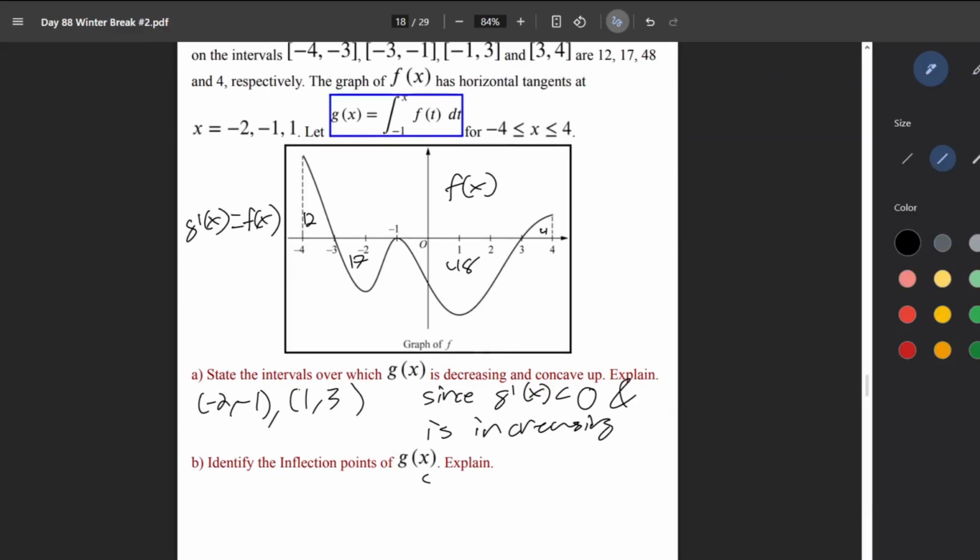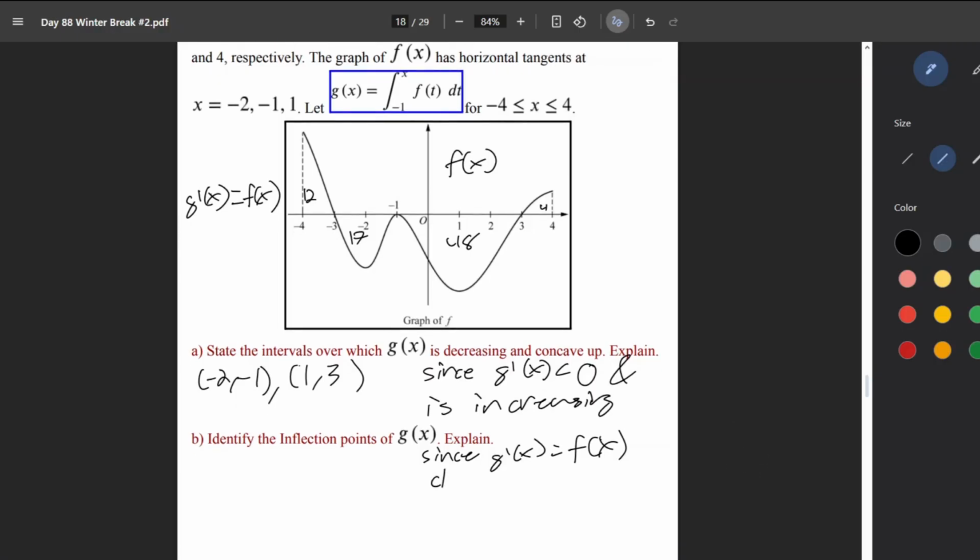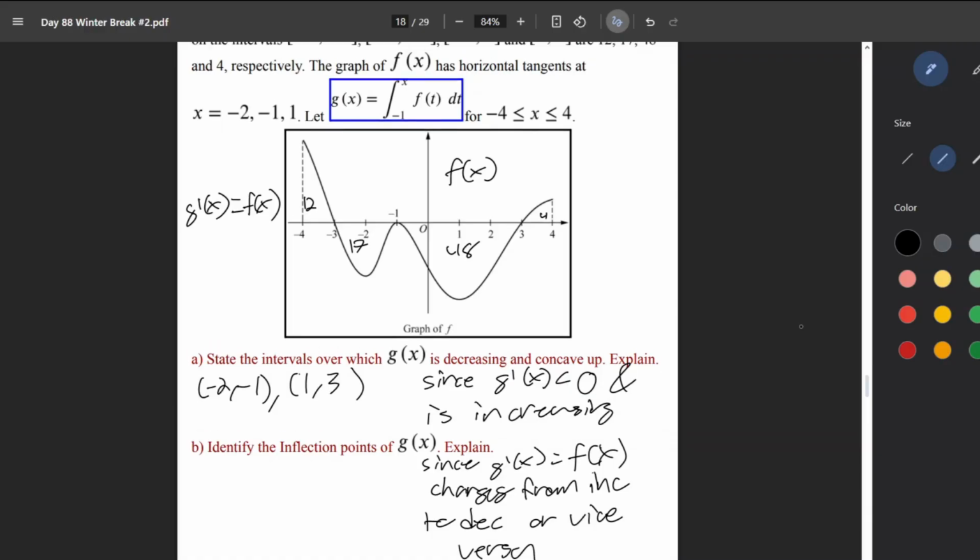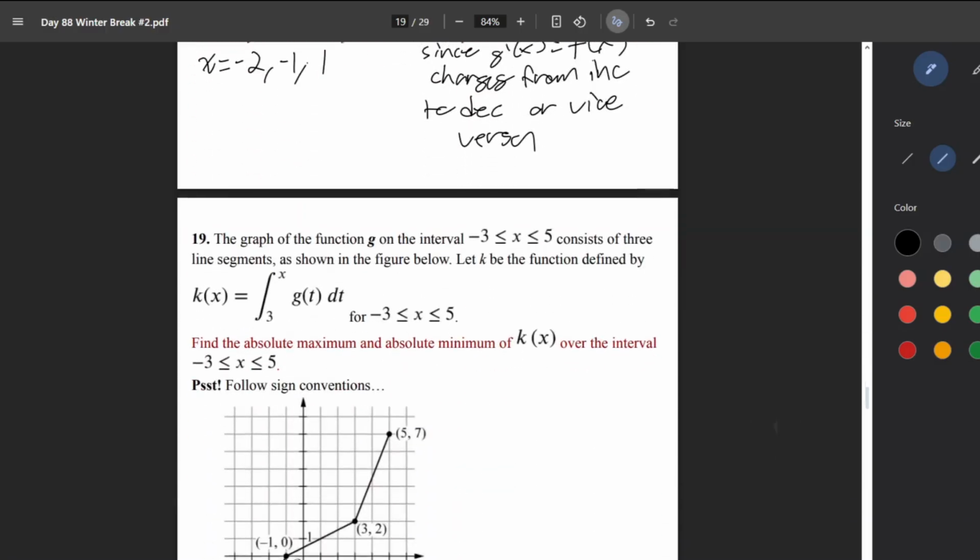Okay, this one: since g dash of x equals f of x, changes from increasing to decreasing or vice versa. So here decreasing, decreasing, decreasing switches to increasing, so it'd be x equals -2, -1, 1, and that is it.